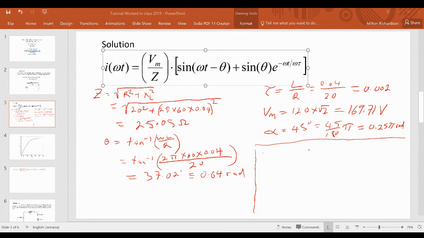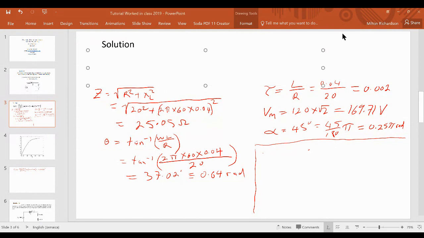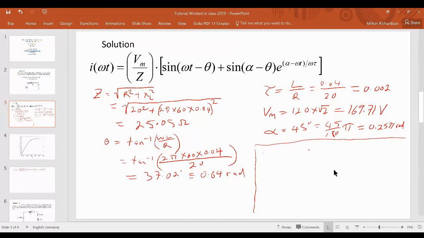And up here, it should now be e to the alpha minus omega t, divided by omega tau. Alright, let's see, I have it right. So alpha minus theta, yes. Sorry about that little mistake, so let us fix that part up.